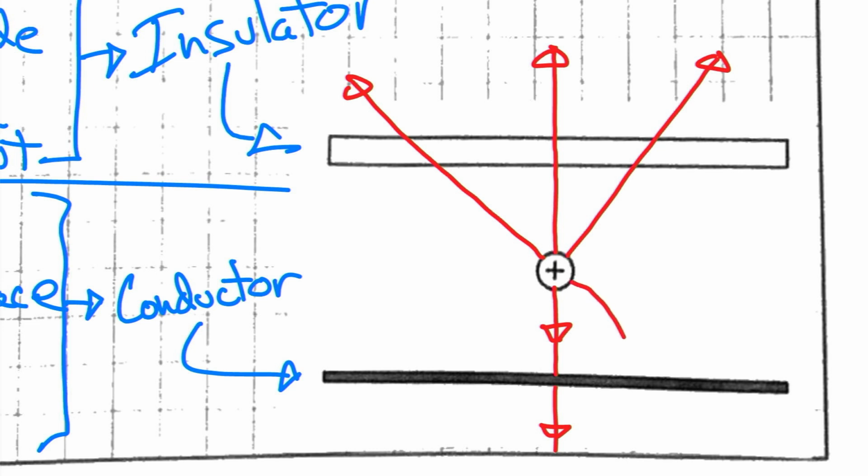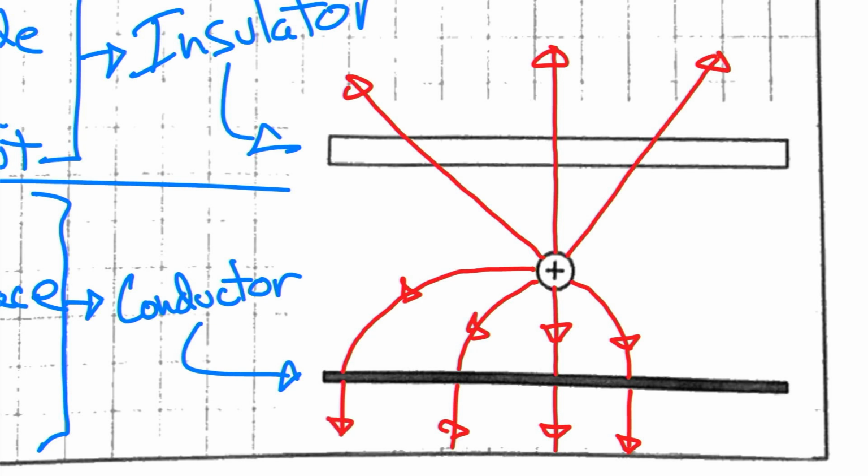This field line comes straight off, 90 degrees, then it continues this way. 90 degrees, then it continues. And the ones that come straight out the side here are probably going to be attracted to that conductor because the conductor gets polarized. So it'll be something like that, roughly.